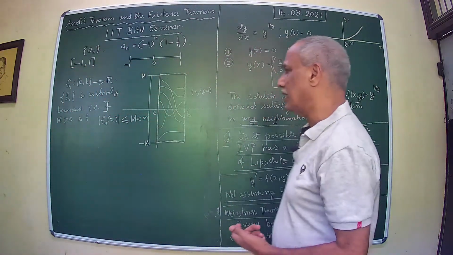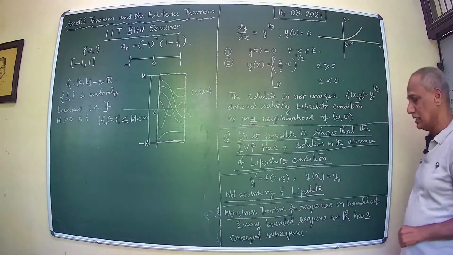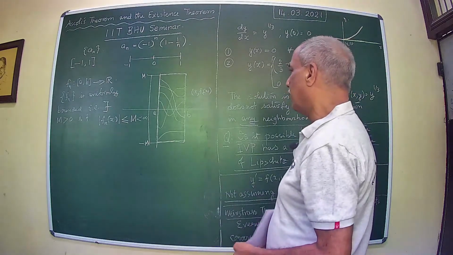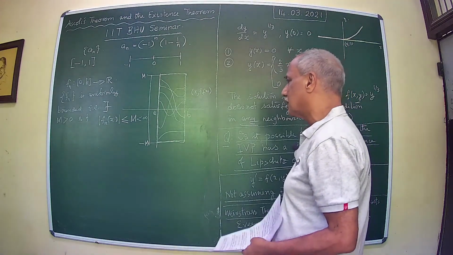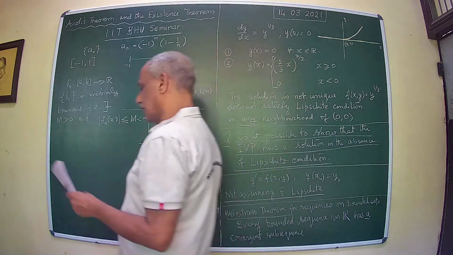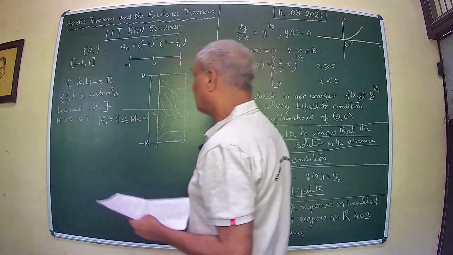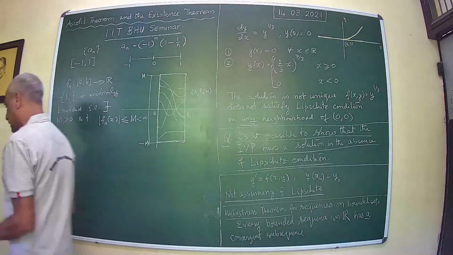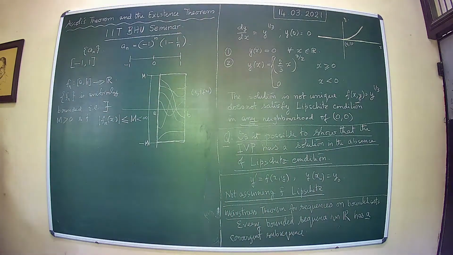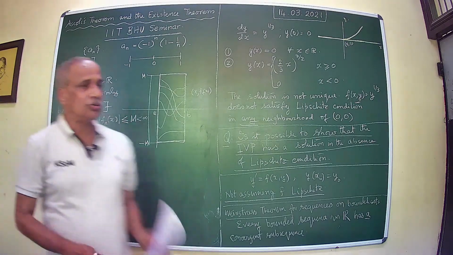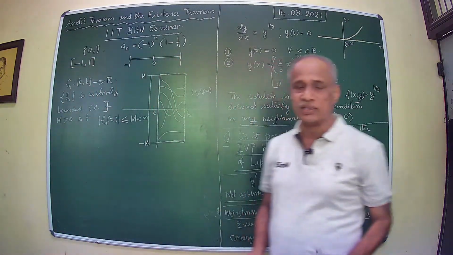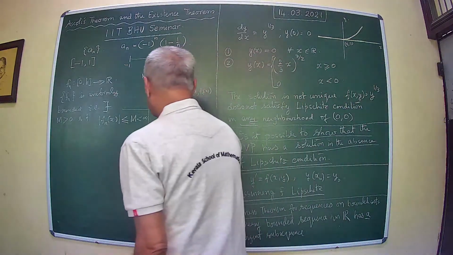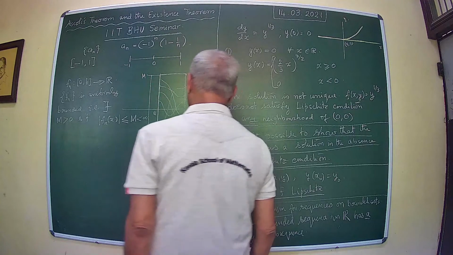Can you assure that the subsequence converges to a continuous function? Now this is the theme of Ascoli. It says that you need a concept called equicontinuity to assure that the limiting function is a continuous function. Let us look at this problem.